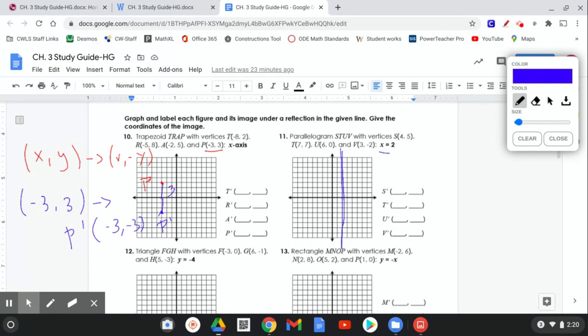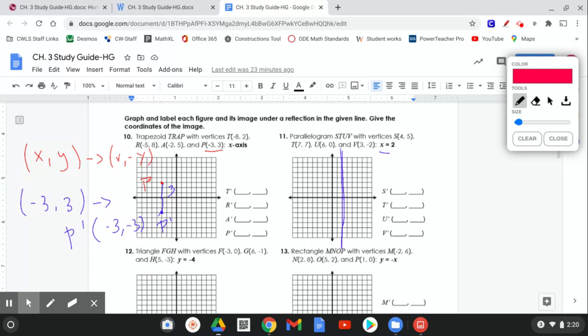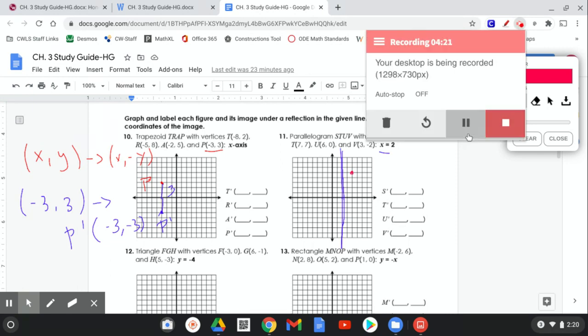So this one is one where you just count the distance away, and then you just reflect it over that line. So if we have S at 4, 5, so it'd be 4, 1, 2, 3, 4, 5. All right. So you just count the distance from x equals 2 to that.